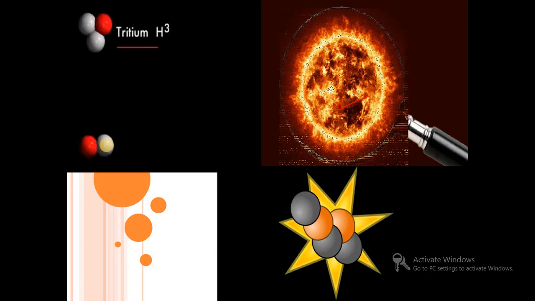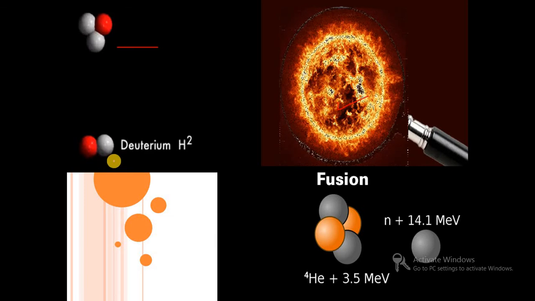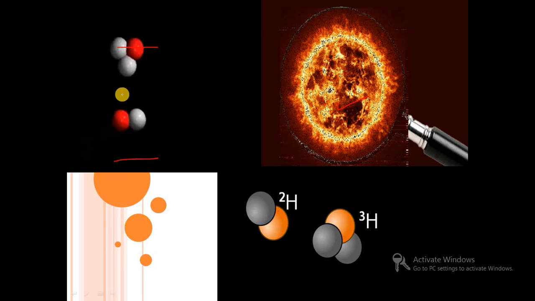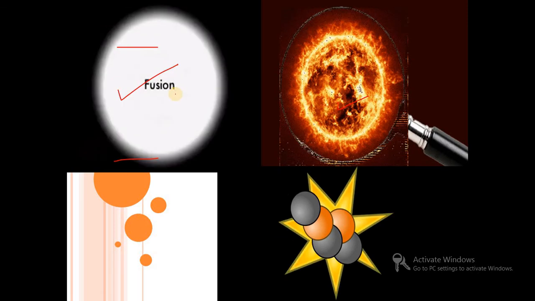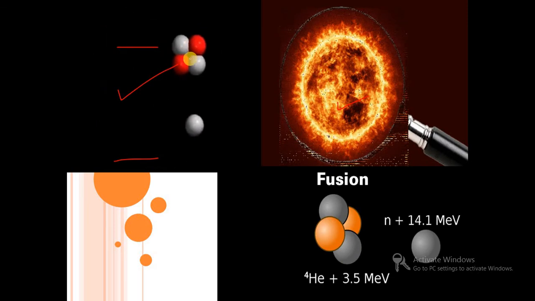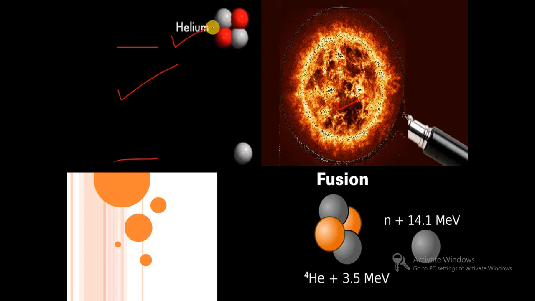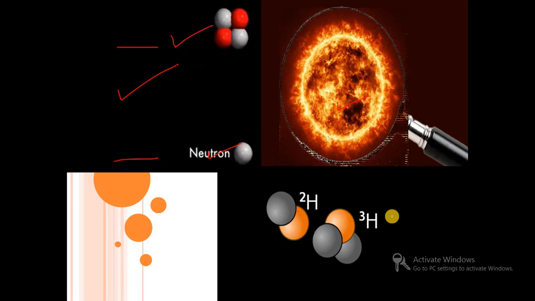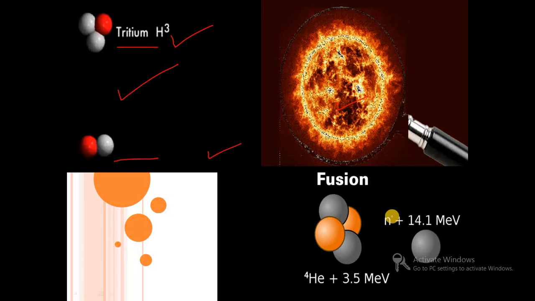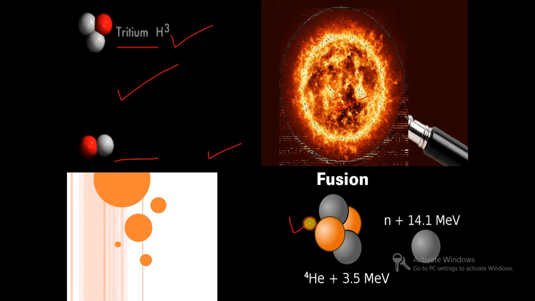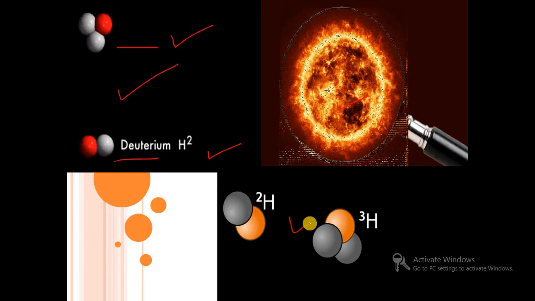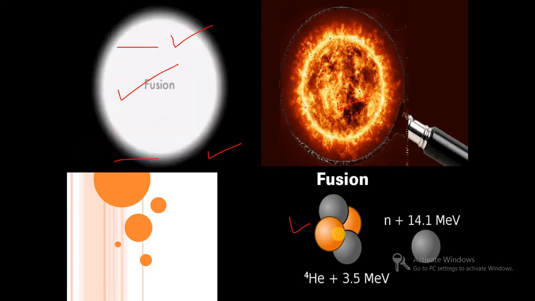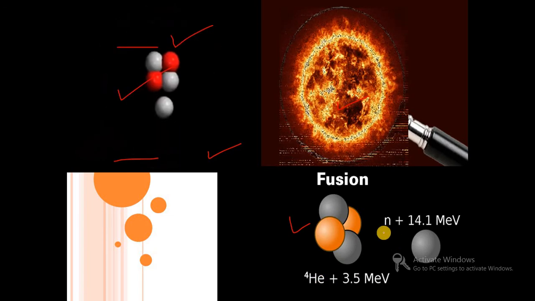Here tritium and deuterium combine together, the fusion reaction is carried out, and after fusion we get the helium nucleus and the ejectile is a neutron. This is also a pictorial representation of the fusion reaction: deuterium and tritium combine, the fusion reaction occurs, and we get helium and neutrons.